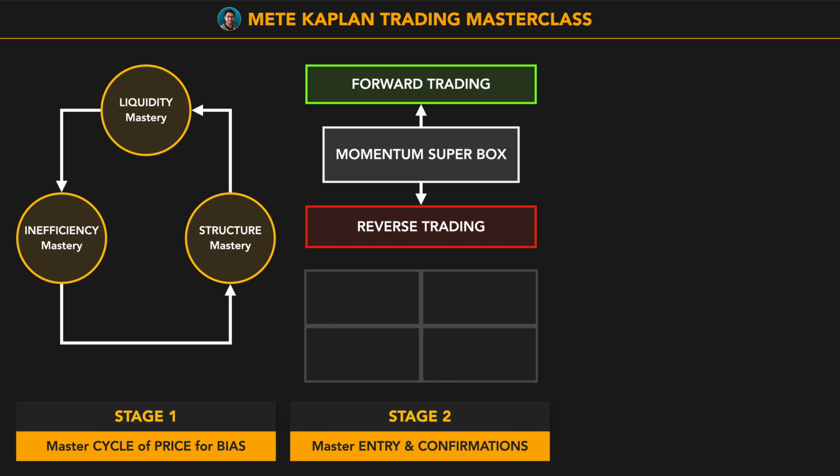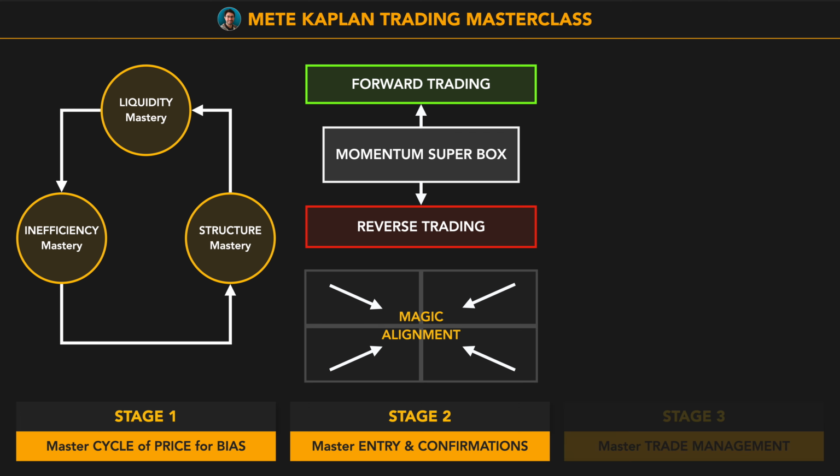Then we will talk about magic alignments. This is my secret sauce. How I confirm my entries and manage my risk before entering trades by combining multiple assets at once. What gives me confidence to take the trade or avoid the trade or just reduce my risks?